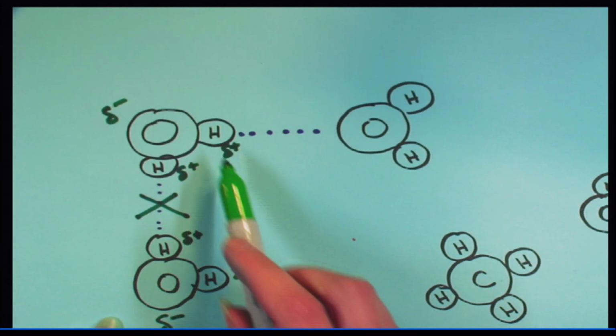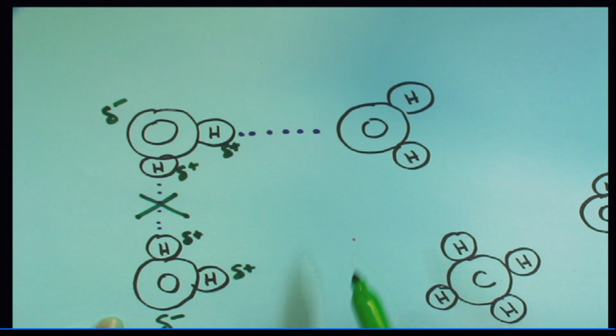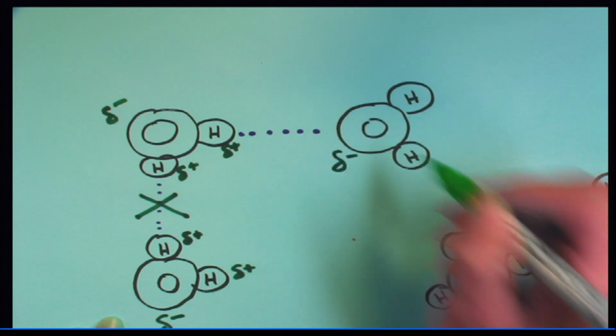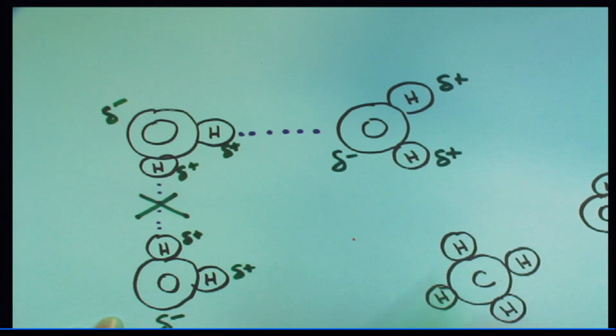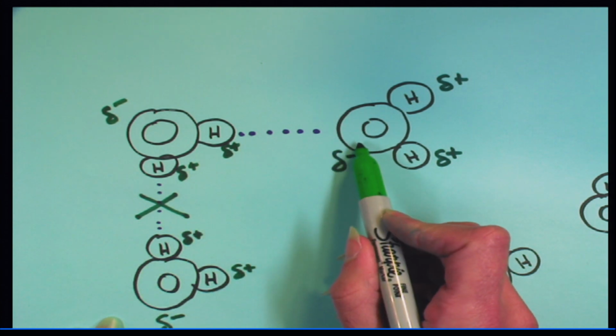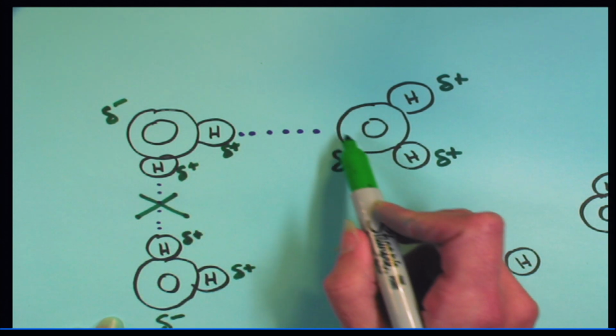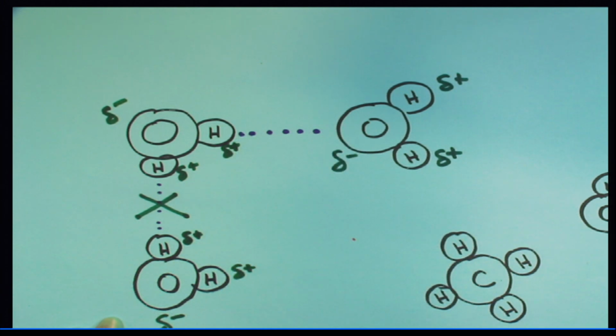But let's move over here. If we take a look at water oriented a different way, we see that we have a partial negative, partial positive, and partial positive. Is this capable of forming a hydrogen bond? And the answer is yes. We have a partially positive hydrogen and a partially negative something else. So they do indeed make that hydrogen bond.